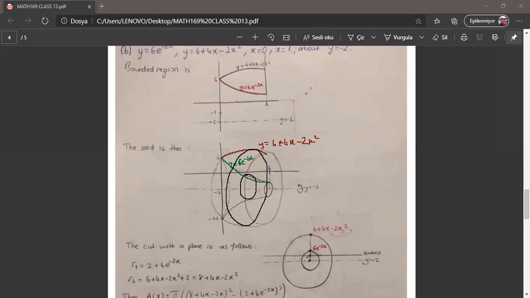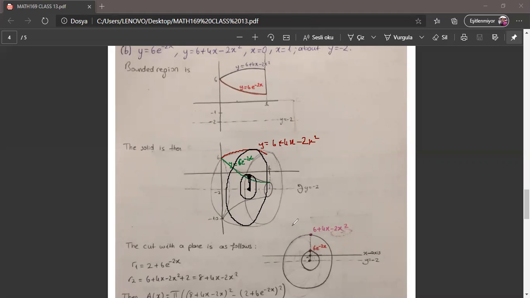Here we have, now we need to find the radius. Here we have the radius of this inside circle and the outside circle. Now, what's the radius of this one? Here we have y equals to -2, and there it touches this green curve, right?